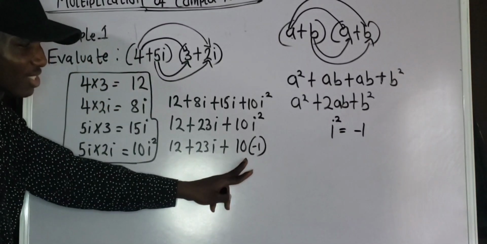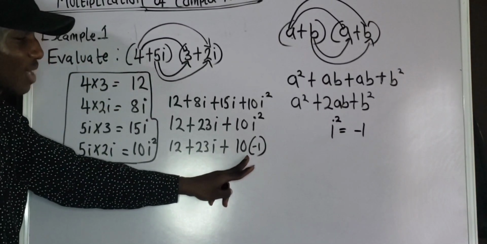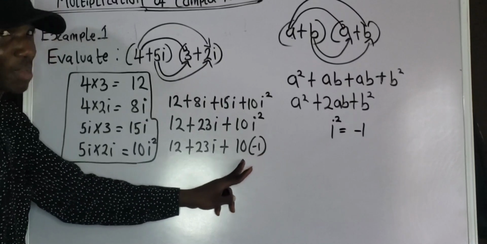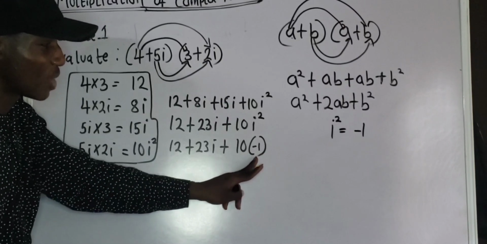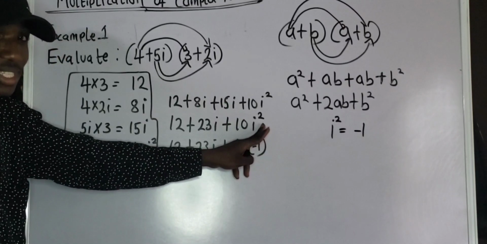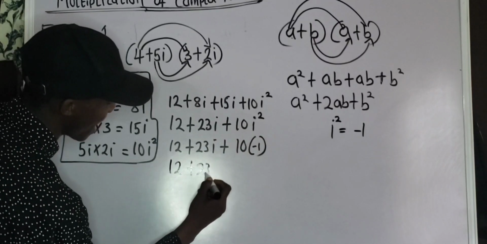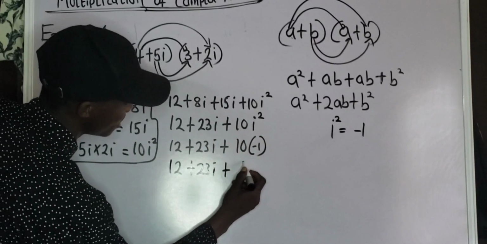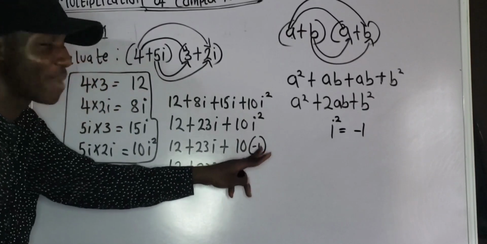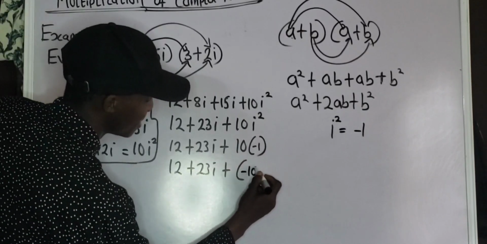Please, I want you to pay attention. For this, we are not having 10 minus 1. This is 10 multiplied by minus 1. Are you getting it? Where minus 1 is the value of i squared. So now let us proceed. For this, I'm going to have 12 plus 23i plus 10 multiplied by minus 1. That is what? Minus 10. You understand?